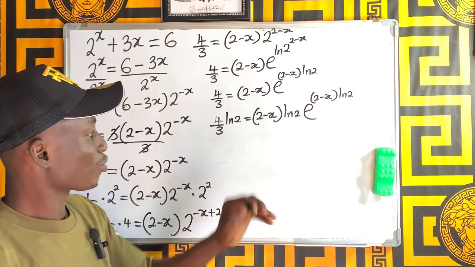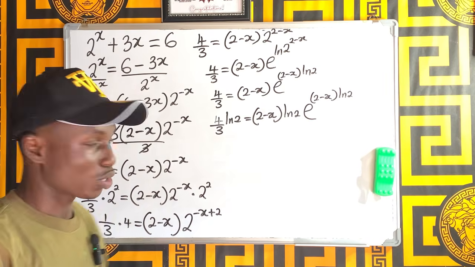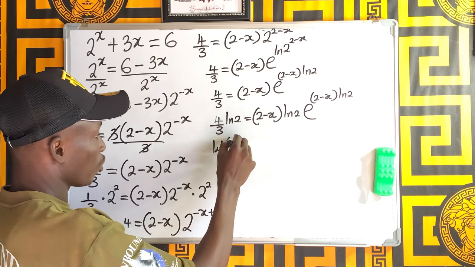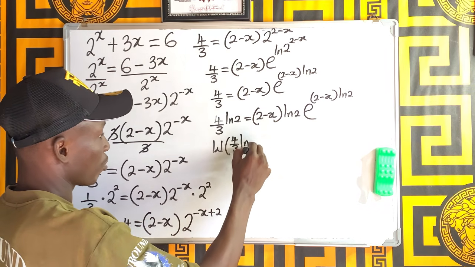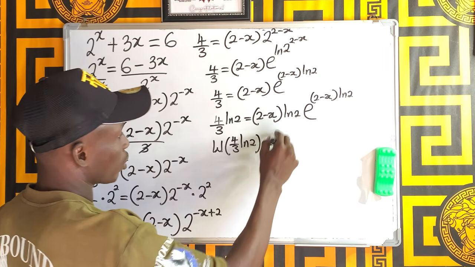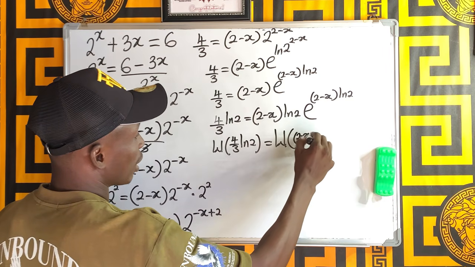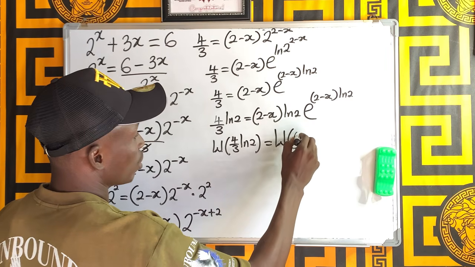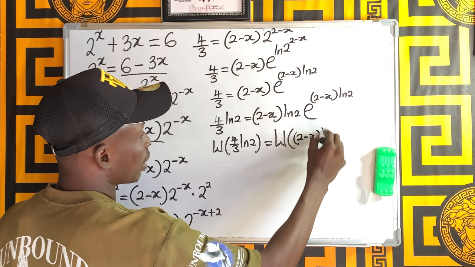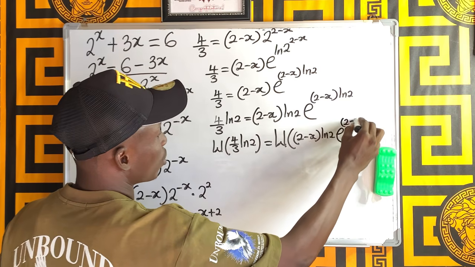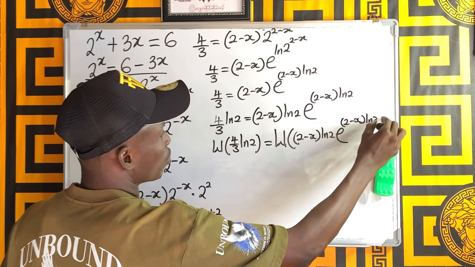At this point, you take the Lambert-W function of both sides. So the Lambert-W function of 4 divided by 3 natural logarithm of 2 is equal to the Lambert-W function of 2 minus s, then natural logarithm of 2 multiplied by e raised to 2 minus s natural logarithm of 2.